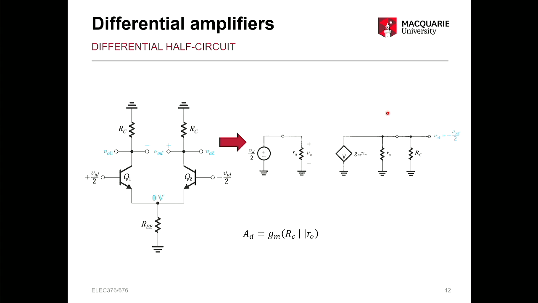So those will cancel out. We end up with just GM RC in parallel with R out, or if we neglect R out, just GM RC. So differential gain, same as before, through this half circuit analysis, okay? So we can get that result from the full circuit, we can get it from the half circuit, in this case with that REE, which made no difference to the differential gain.